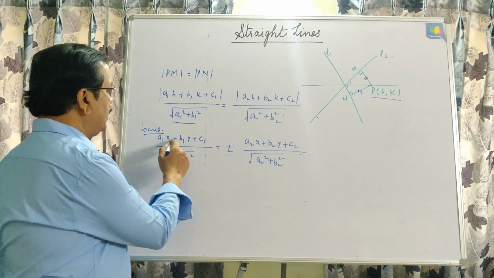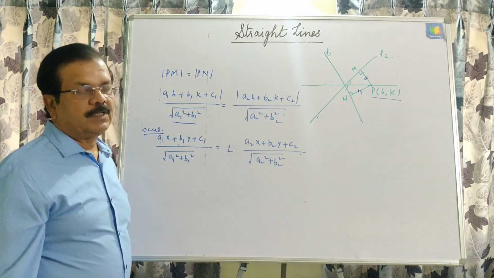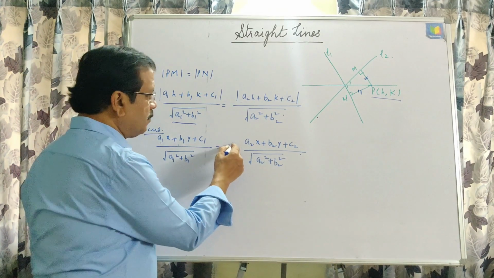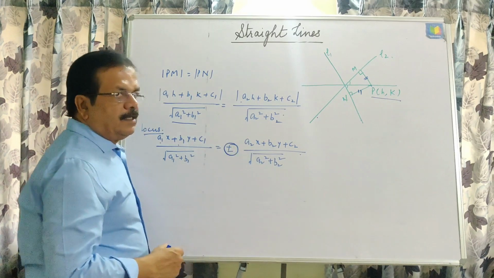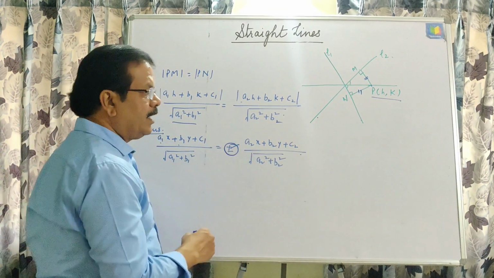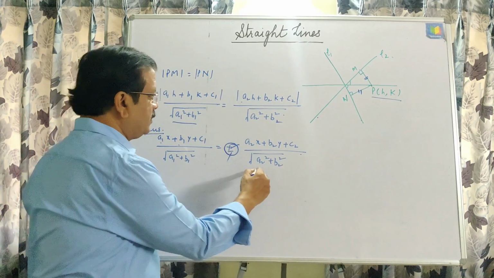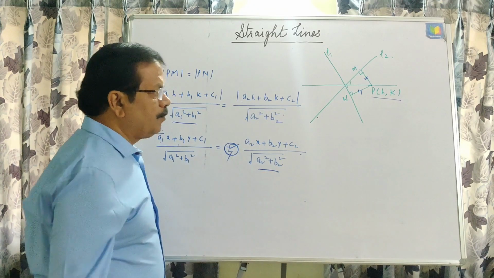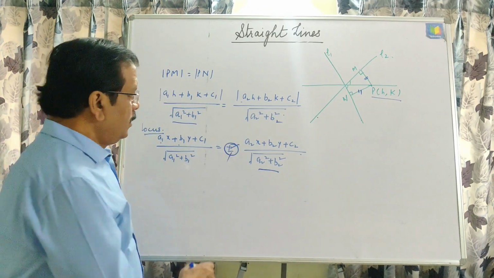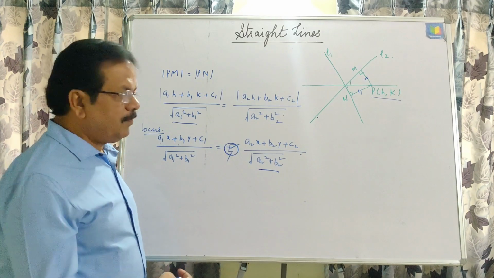The locus a1x plus b1y plus c1 upon root a1 square plus b1 square is equal to plus minus. We will take plus minus sign for acute angle, and this is for obtuse angle. We will write here accordingly, and this topic will become clearer with the help of the examples whenever we do them.